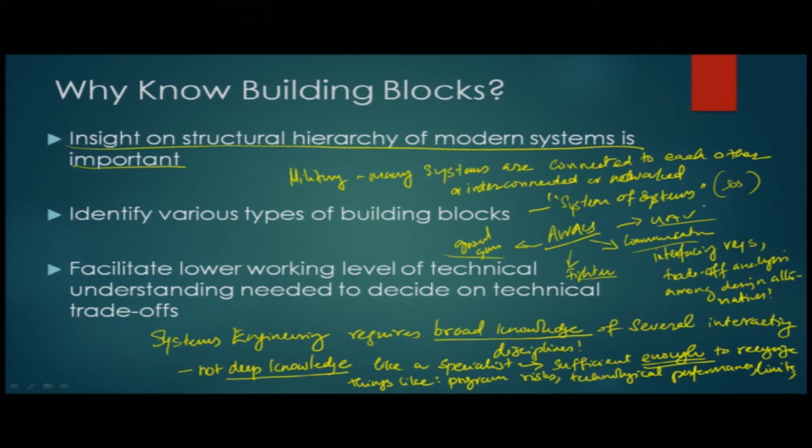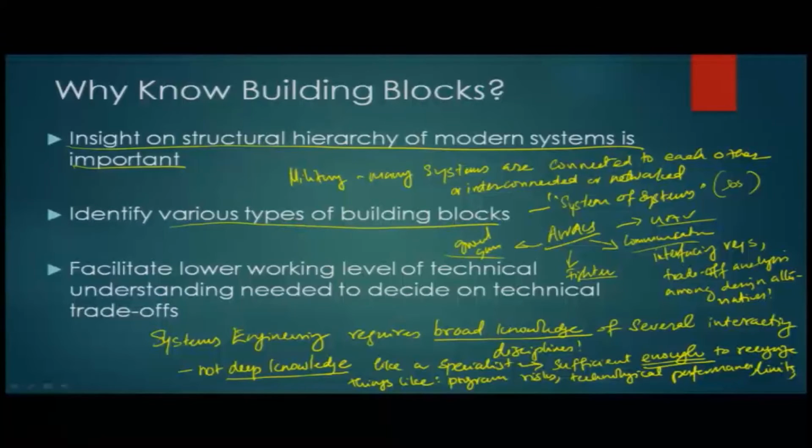So it is very imperative for any systems engineer to learn the building blocks of a system. What are the various types of building blocks of a system? When you know the building blocks, it facilitates the lower working level of technical understanding which is necessary to decide on technical trade-offs.